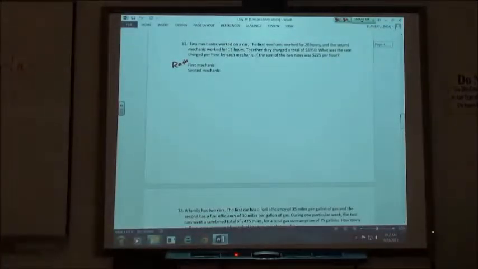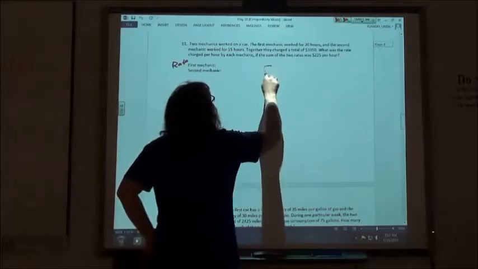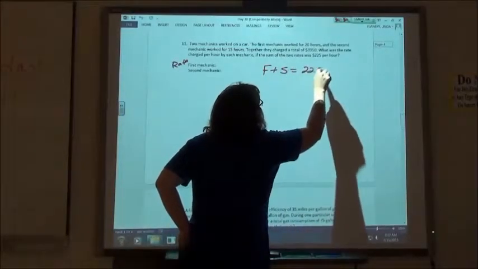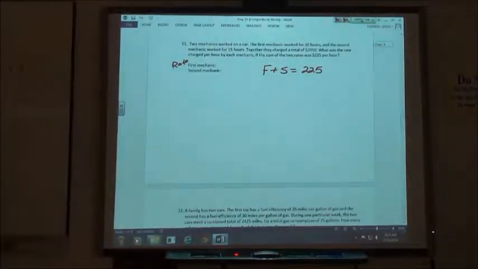My first equation might be what? F plus S equals 225. Exactly. The rate of the first plus the rate of the second was 225, the sum of the 2 rates.